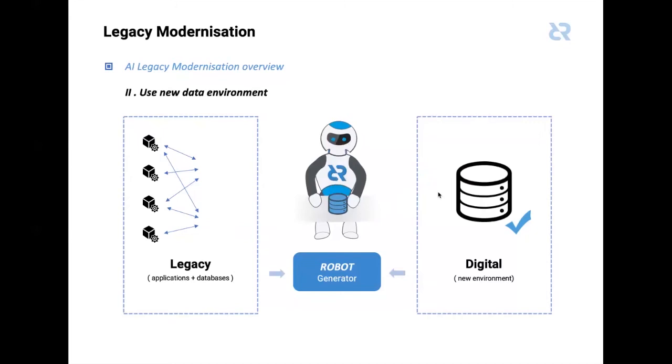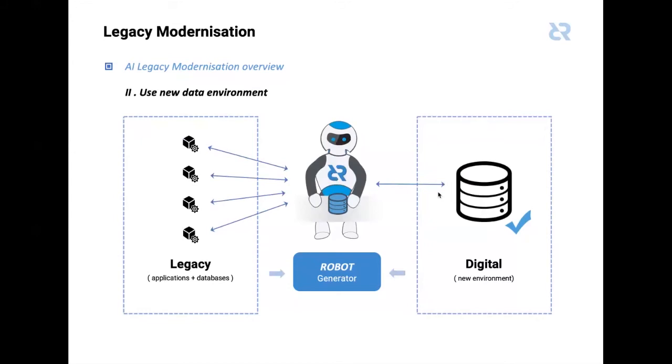But more importantly, once you start using your new data, you can automatically use your old application and pass through the robot to use your new digital environment. So your legacy applications will not drastically change, the logic will remain the same, but the robots will ensure the communication remains, and your applications keep working as if they were working on the old legacy databases.